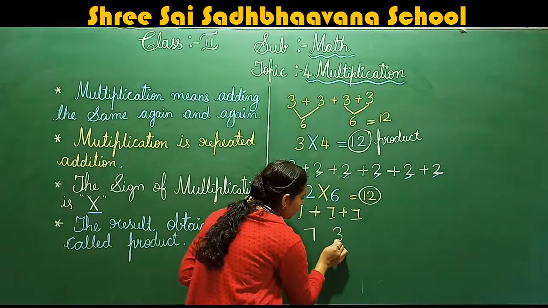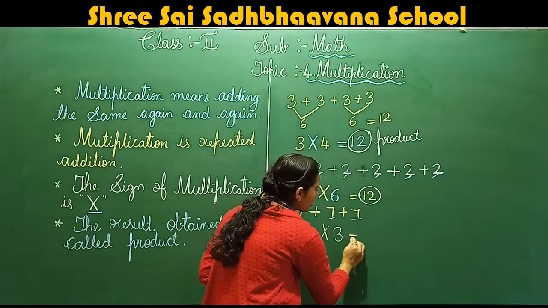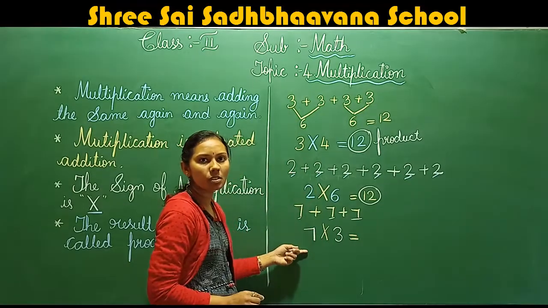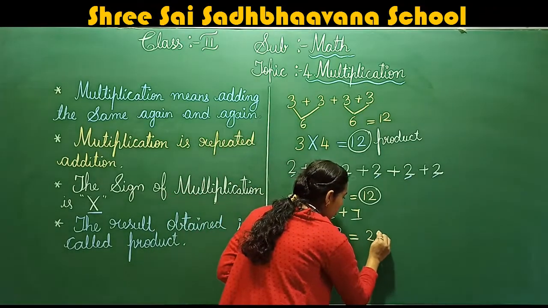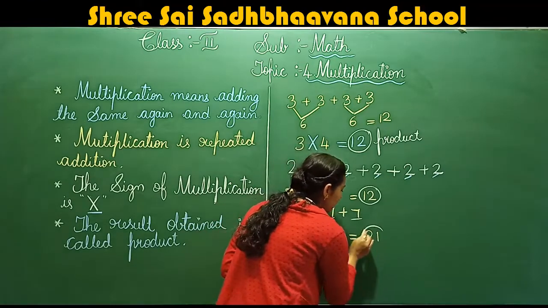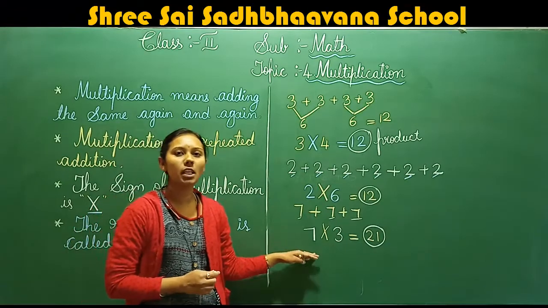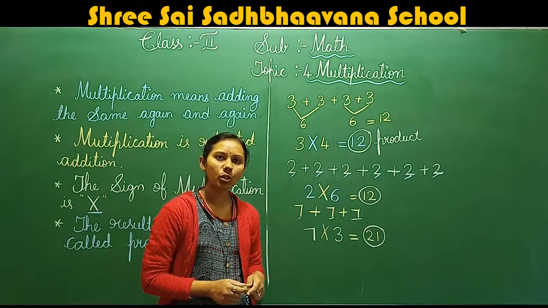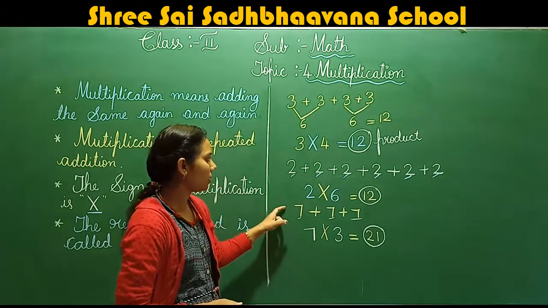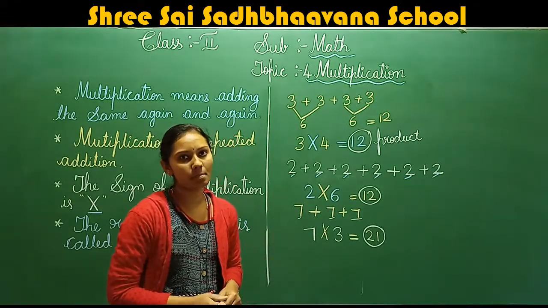So 7, 3 times. 7 threes are how much? 7 threes are 21. So this is the short method, the multiplication method. By this multiplication method, we can easily add the numbers. Got it, children? I hope you understood that. Let us see some more examples.